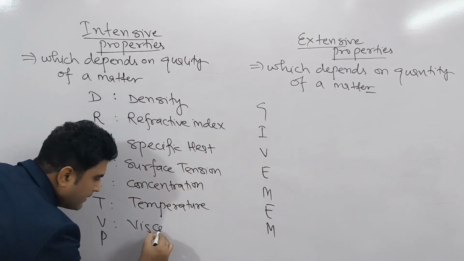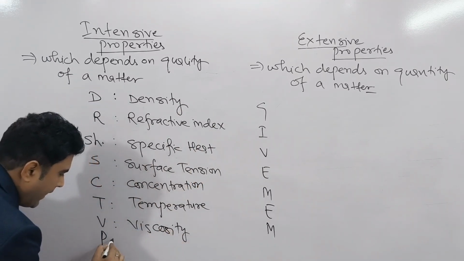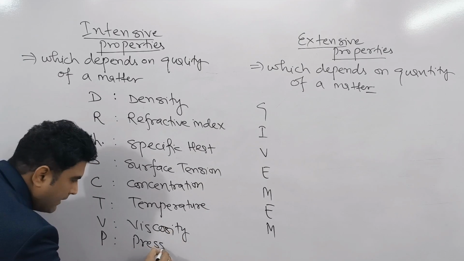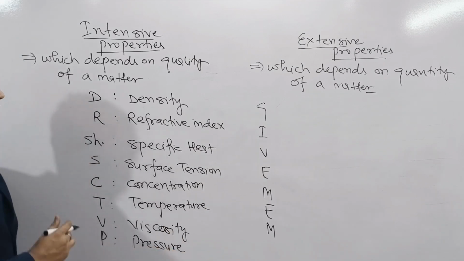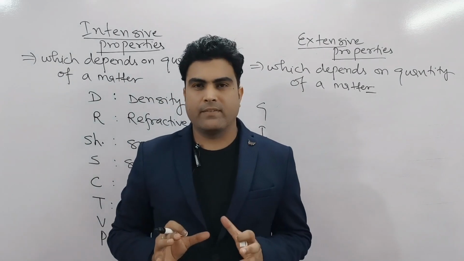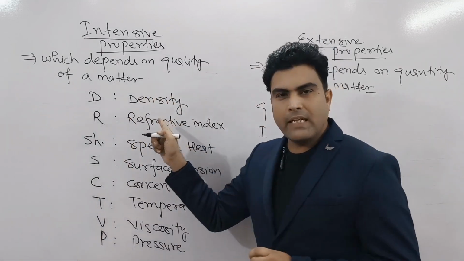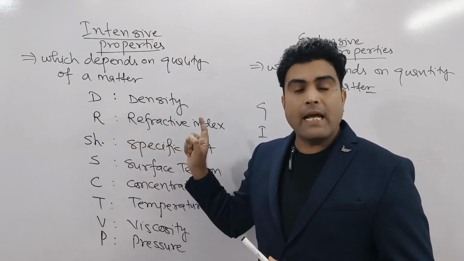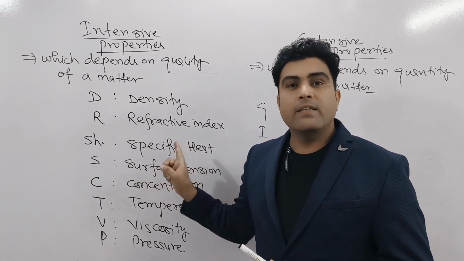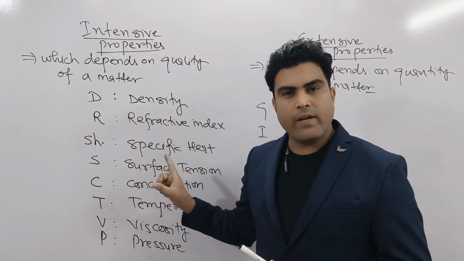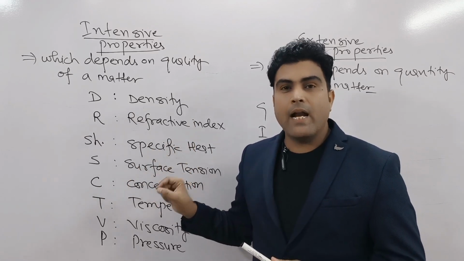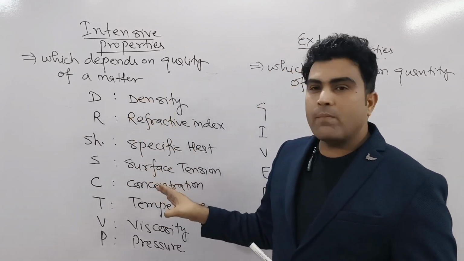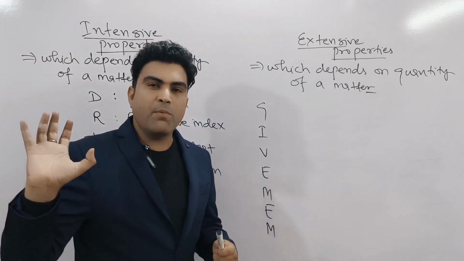And P stands for pressure. These are some of the intensive properties. Understood? D for density, R for refractive index, SH for specific heat, S for surface tension, C for concentration, T for temperature, V for viscosity, and P for pressure. These are some examples of intensive properties.